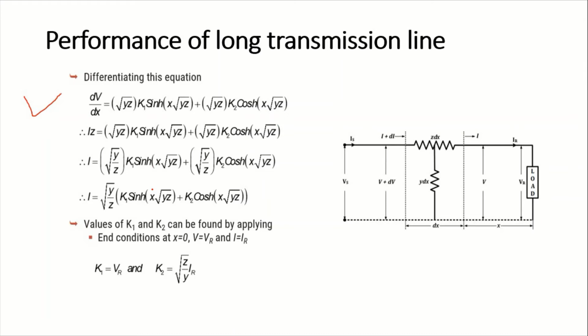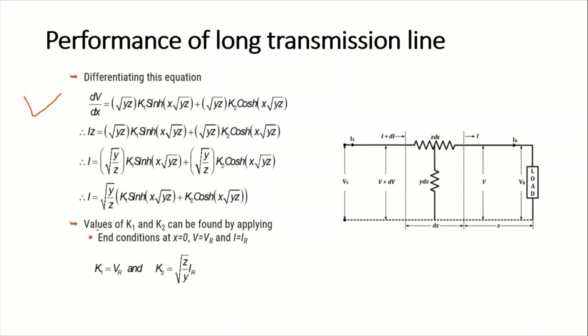Clear? Now under root y by z is present in both terms, so it can be taken outside as common, and the equation becomes I is equal to under root y by z in brackets k1 sinh x under root yz plus k2 cosh x under root yz.